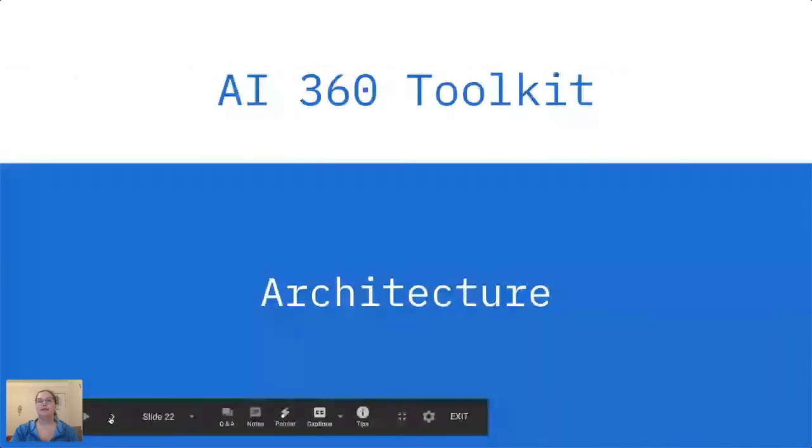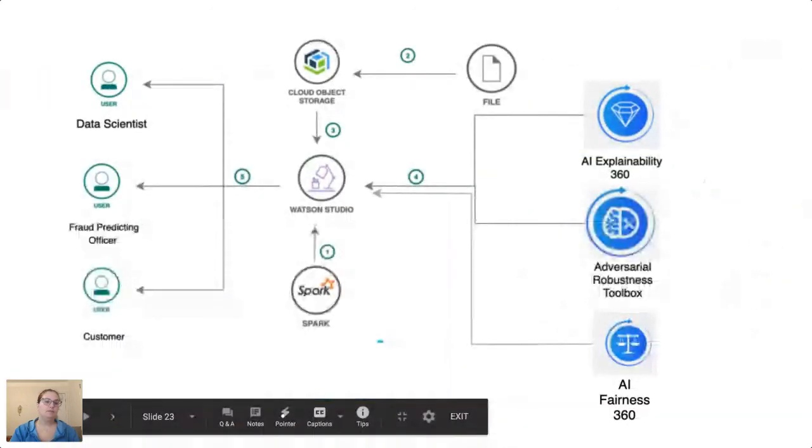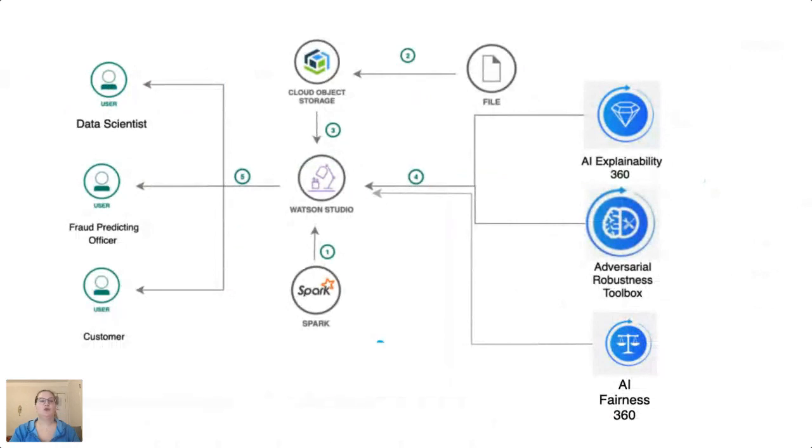So we're going to be focused on the AI 360 toolkit today. So what I first wanted to show you is the actual architecture. What we're going to be doing is adding a file to our Cloud Object Storage within our instance of Watson Studio. We're going to be working with Jupyter Notebooks and Apache Spark.